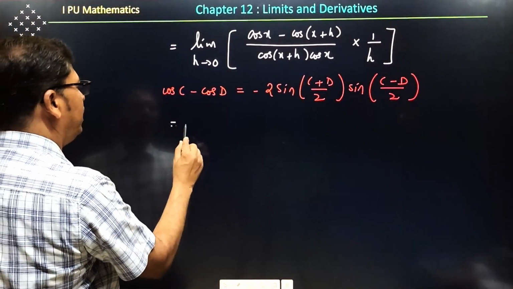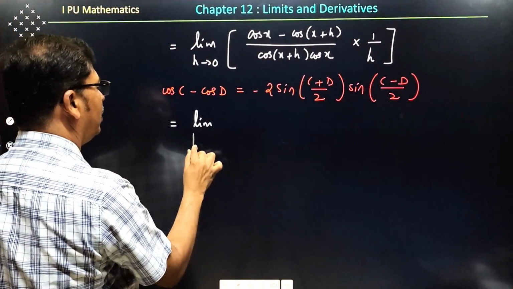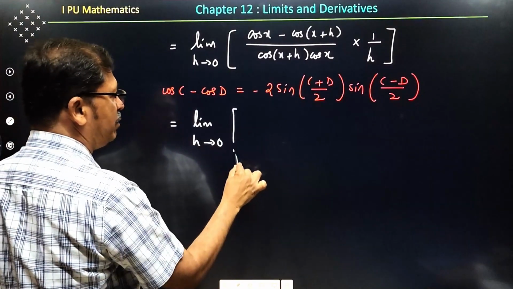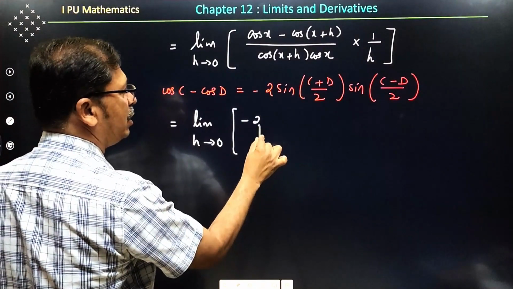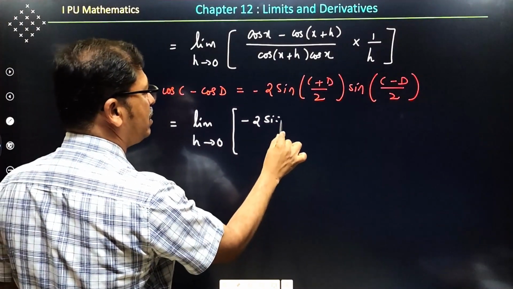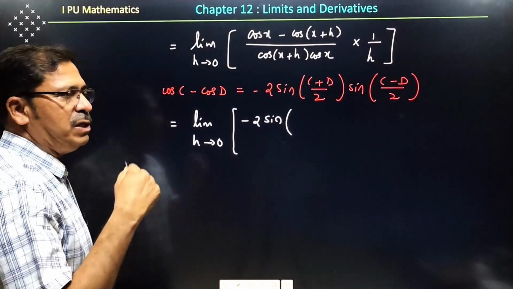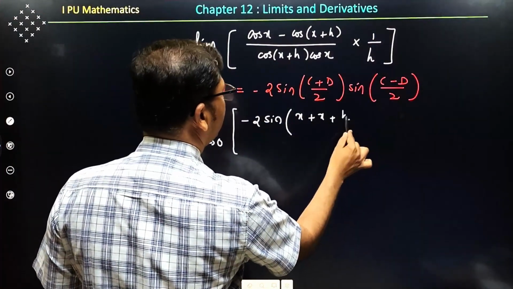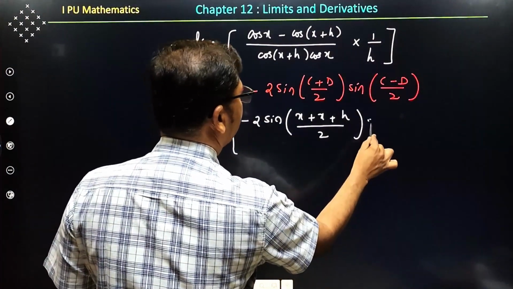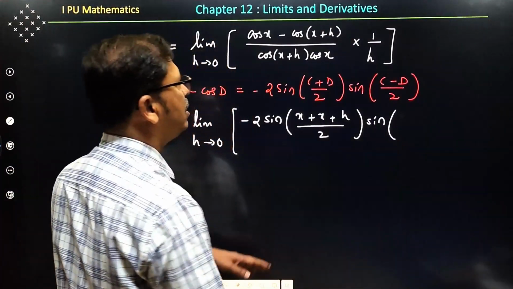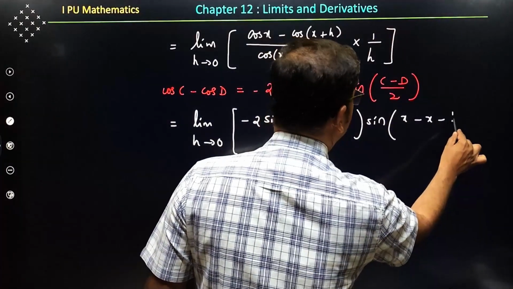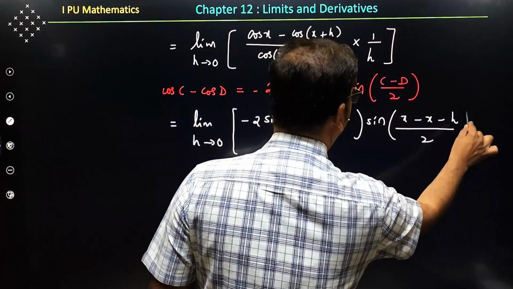This is equal to limit h tends to 0. You write as it is. Cos c minus cos d I am using. Minus 2 is there in the rule. Sin of c plus d divided by 2, that is x plus h by 2, x plus h divided by 2, into sin of c minus d, that is x minus h becomes minus h, whole divided by 2.